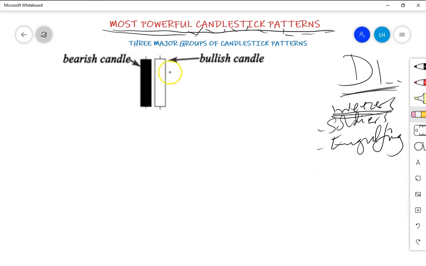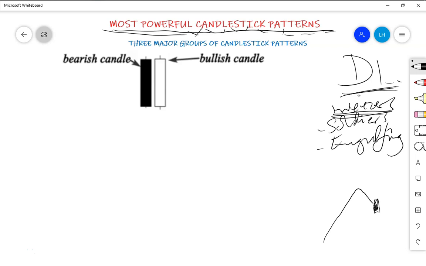In order for this to work as a bullish tweezer, it must be formed at an area within a long-term uptrend where price pushed a little bit down. Around this area we expect to see those tweezers.